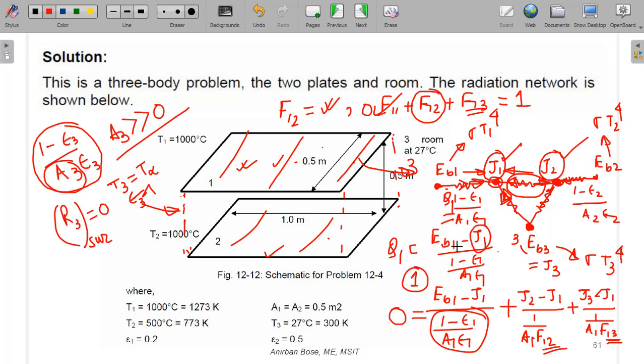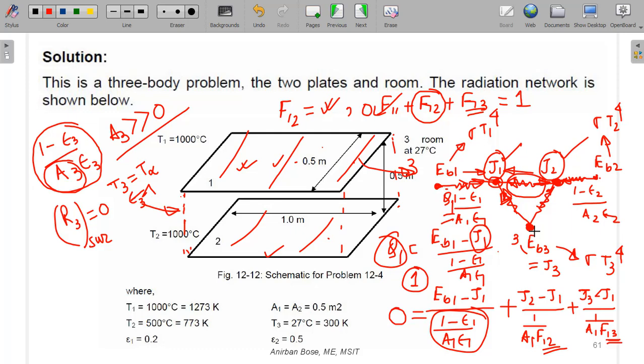J1 you can solve and EB1 is known, so you find Q1. In exactly a similar way, find Q2. Use the same formula: EB2 minus J2 divided by (1 minus epsilon 2) by A2 epsilon 2, that is Q2. So in this way you can find Q1 and Q2 separately.